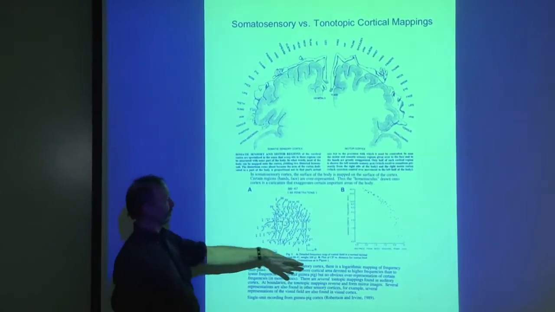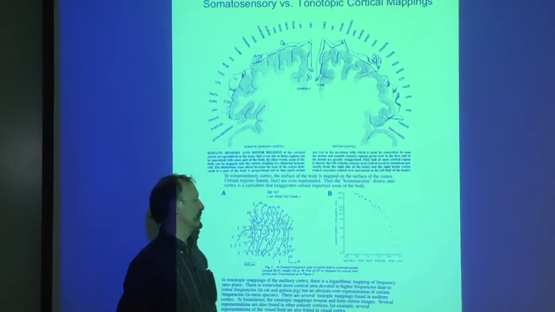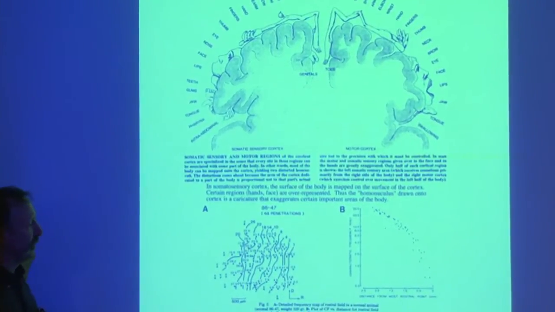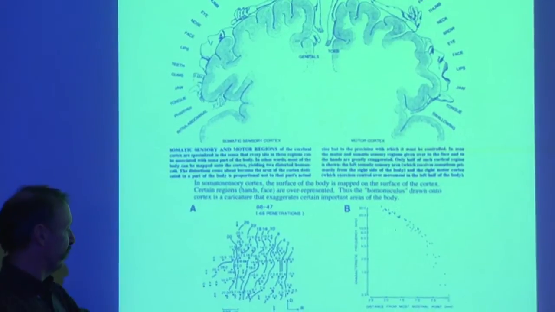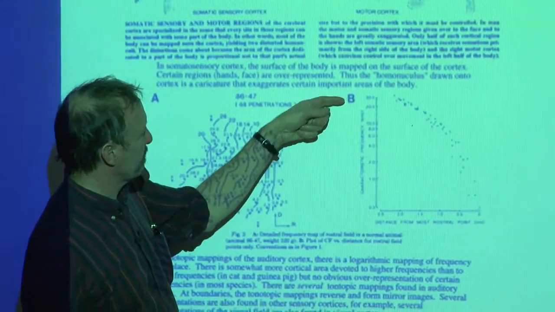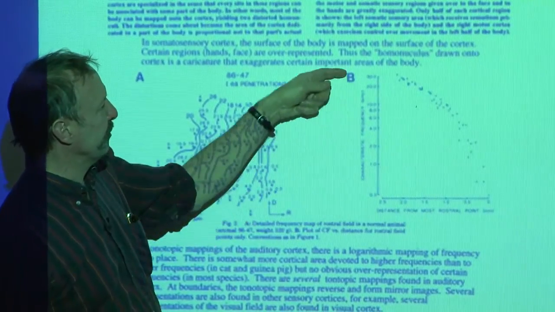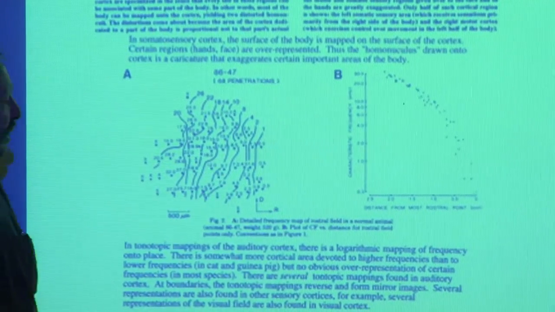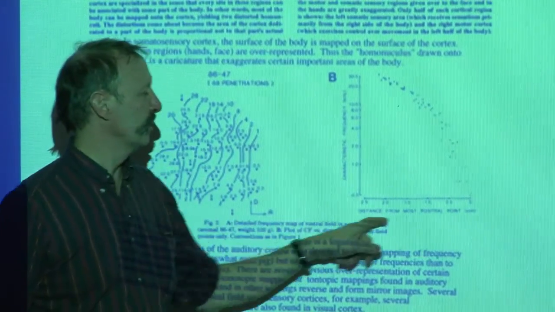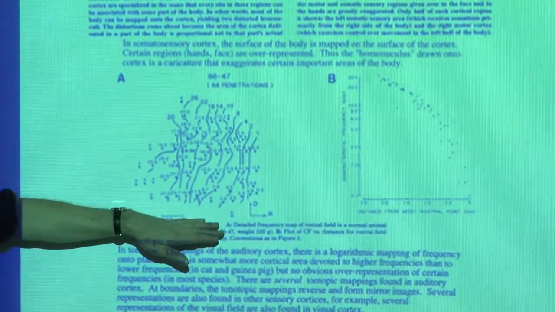In the auditory cortex, if you draw the mapping, here's a mapping of A1. In this case, it's from the guinea pig cortex. And the mapping is plotted with the CF on the y-axis and the distance along the cortex on the x-axis. And these are the data.